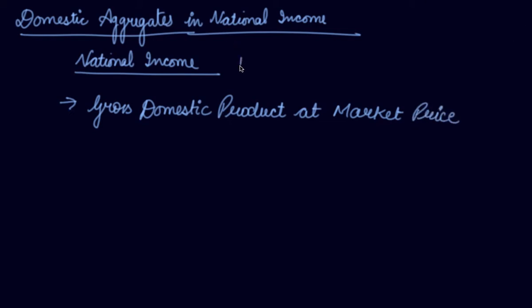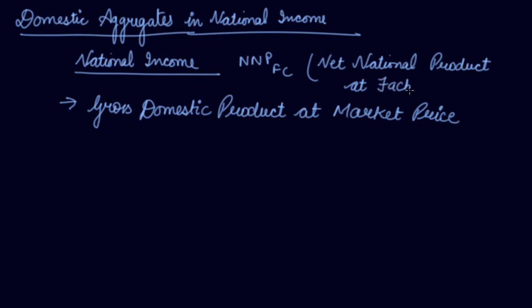Your national income is NNP at FC, which means net national product at factor cost. See, this you take N is net, NP is national product, FC is factor cost.